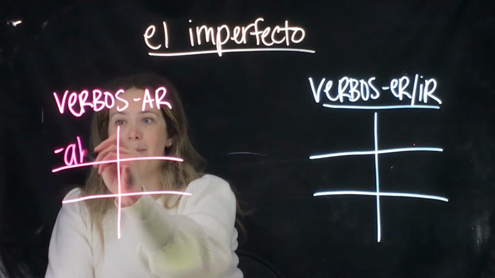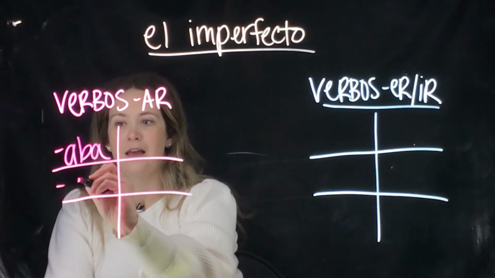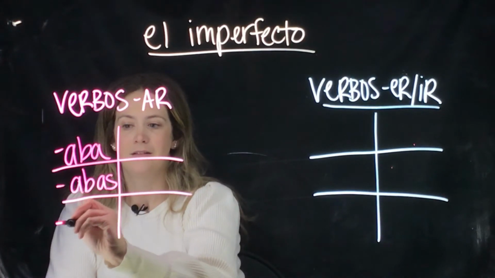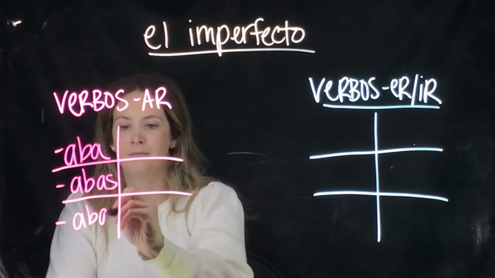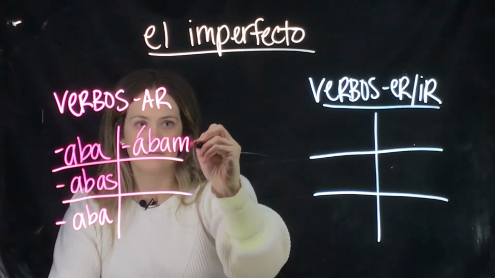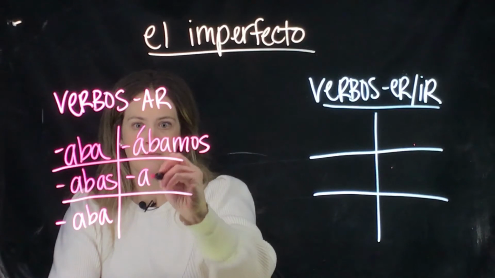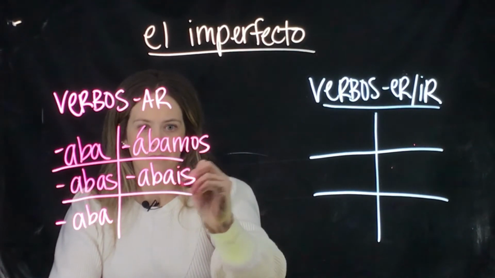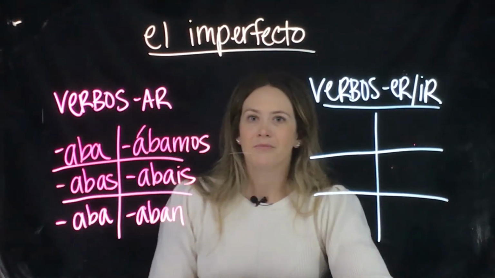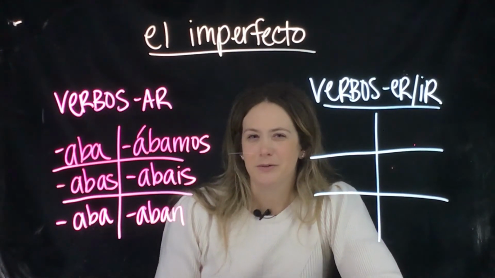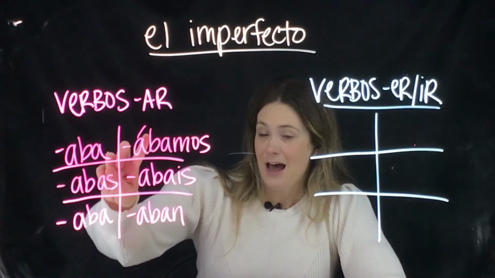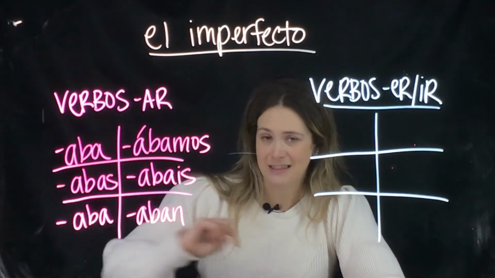Tenemos aba, abas, aba, abamos, abais, aban. I'll give you a second to make sure you have those typed in correctly. Aba, abas, aba. Abamos con acento, abais, aban.